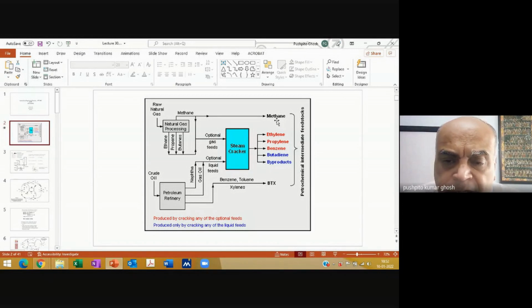These were the ultimate components which we got. And then we discussed how you can do a water gas shift, increase the amount of hydrogen and also convert all the CO into CO2, and then how the CO2 and the water can be taken out, and then you are left with a relatively pure mixture of hydrogen and nitrogen, which is what goes further downstream into the production of ammonia.